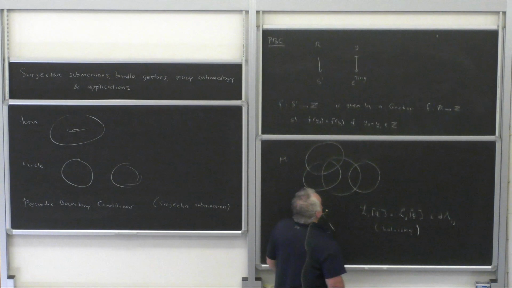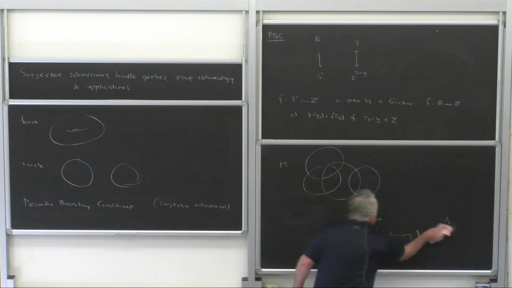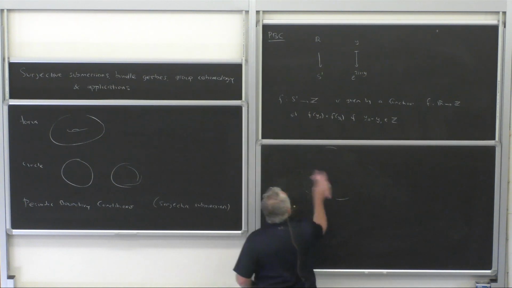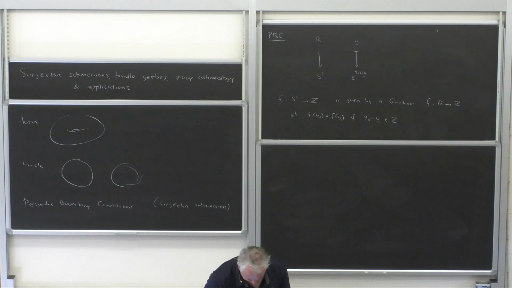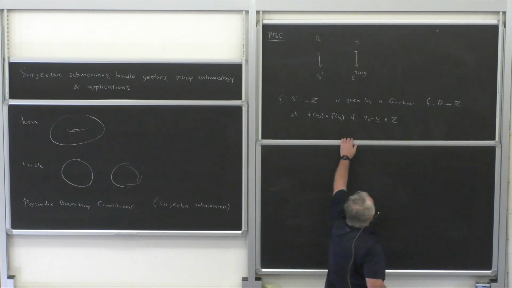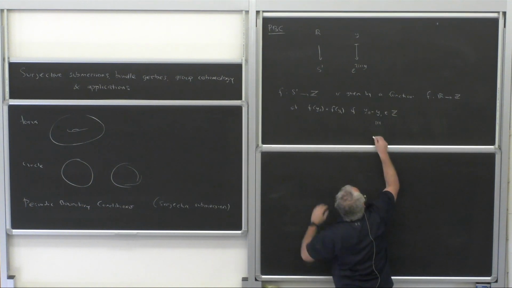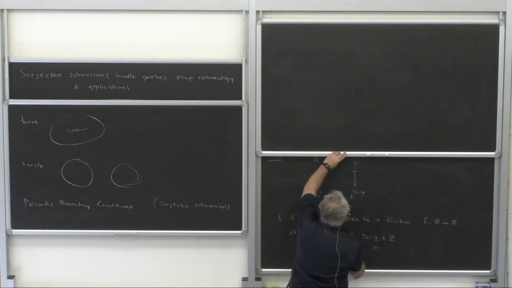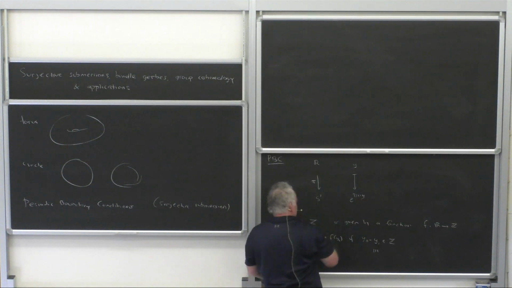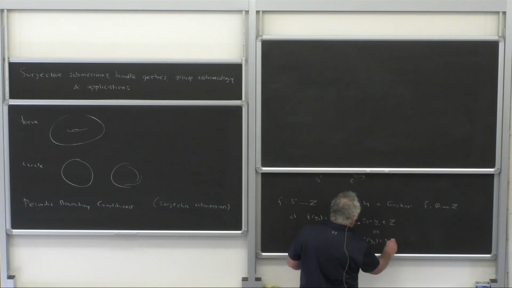So let me rephrase this a bit. First of all, I can think of y0 minus y1 being an integer, call this map pi, as equivalent to saying that pi(y0) should be equal to pi(y1).